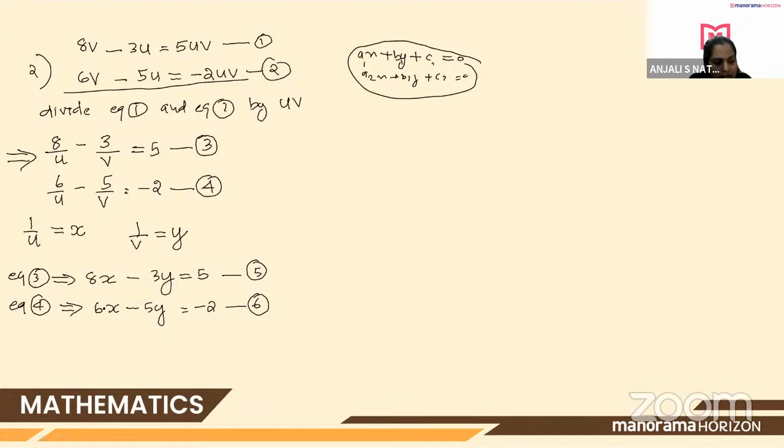So look at these equations. We can solve them using the elimination method by multiplying equation 5 by 3 and equation 6 by 4.